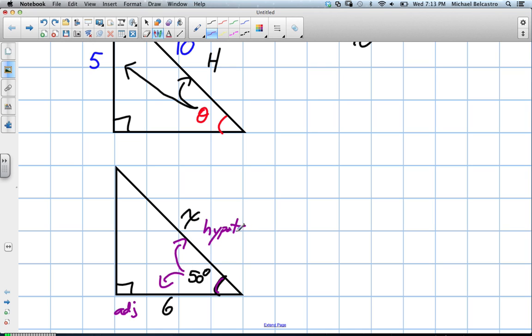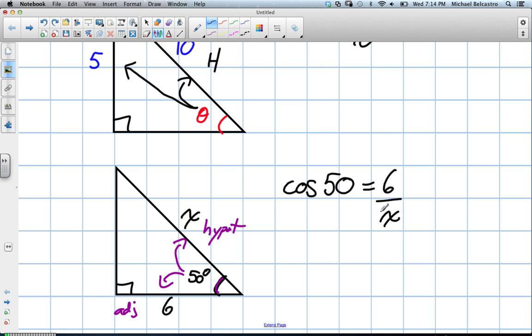So in which of the formulas do I use adjacent and hypotenuse? Yeah, CA. So we use cos, and instead of writing theta, we actually have the measurement of the angle, so we write cos 50 is equal to adjacent, which is 6, over hypotenuse, which is X.